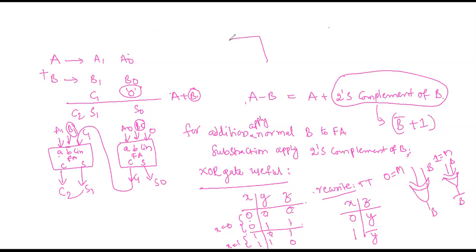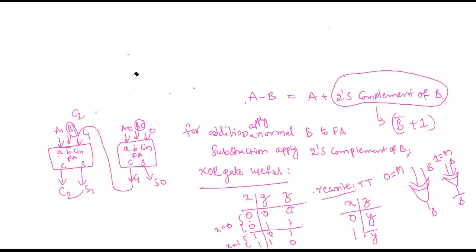Take 2 full adders. At the place of B, we have to apply an XOR operation, so take one XOR gate for each.